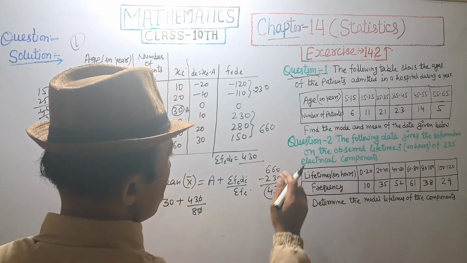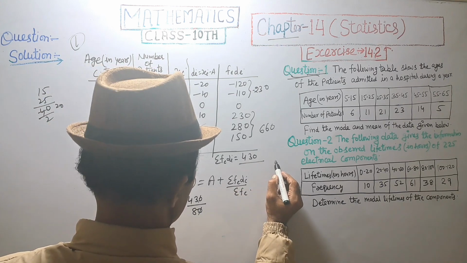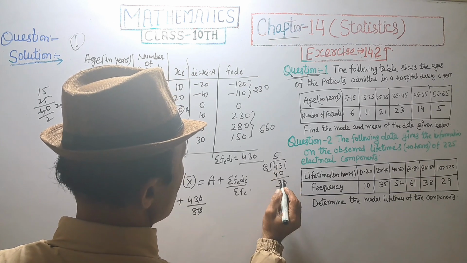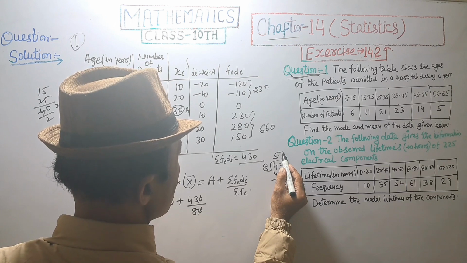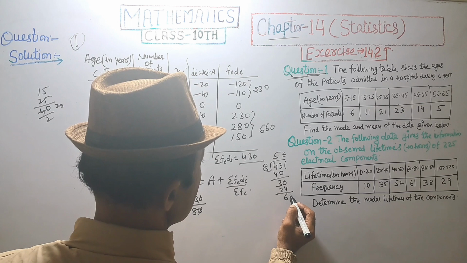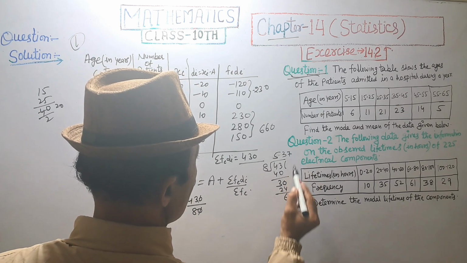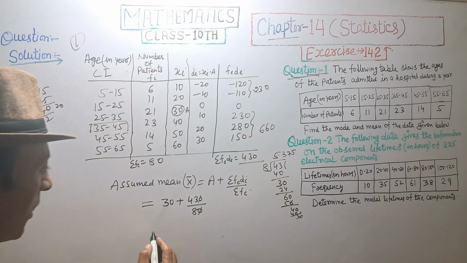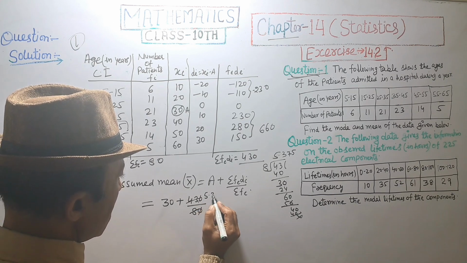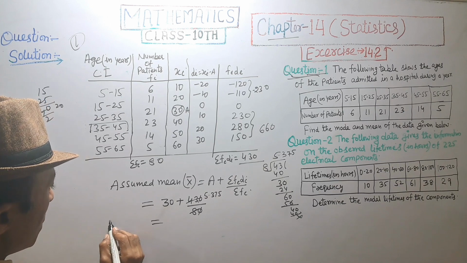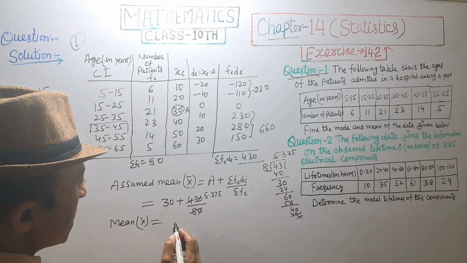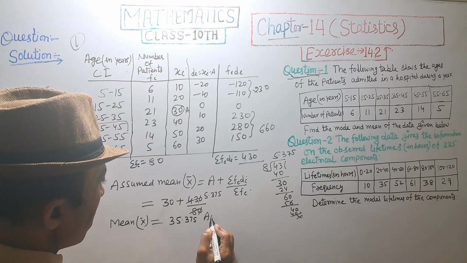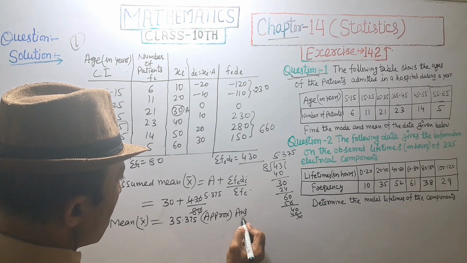The zeros cancel, so 43 divided by 8: 8 fives are 40, remainder 3, and so on, giving 5.375. So mean x dash is equal to 35.375 approximately, answer.